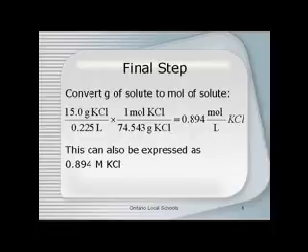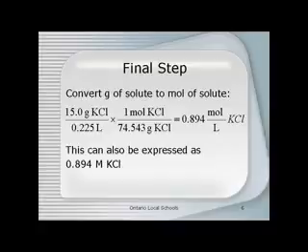So we multiply by that conversion factor of 1 mole of KCl, the unit we're going to, on top, and the number of grams of KCl in 1 mole, which is 74.543 grams of KCl. Remember, that's just the molar mass calculated from the periodic table.